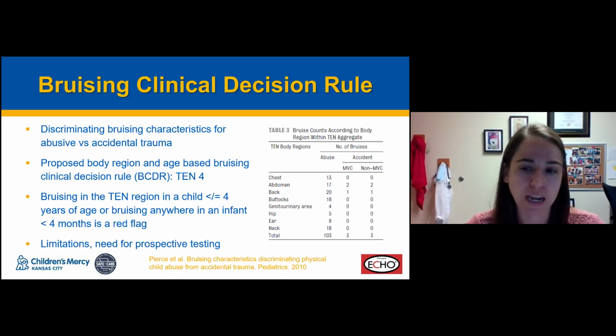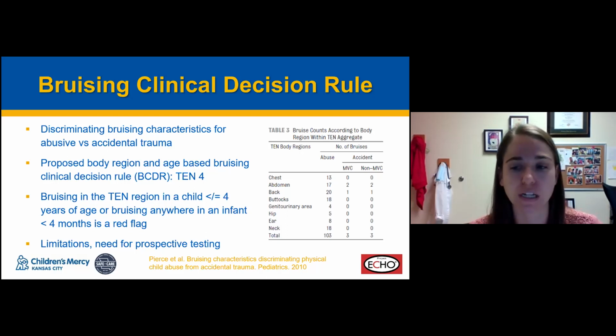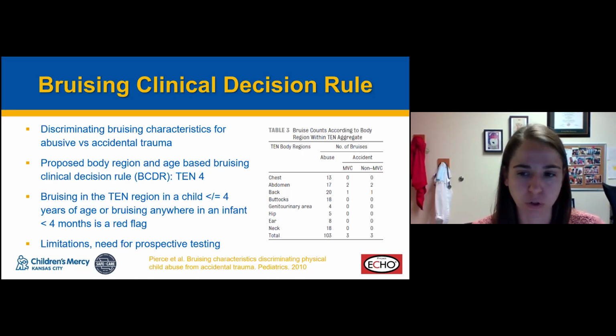They also found that age mattered. So they found that if they used an age cutoff of bruising anywhere in an infant who was under 4 months of age, they correctly captured an additional 7 patients who had abusive trauma that would have been missed if they had screened them only using the body region bruising, the 10 rule. So they created this rule that they named 10-4, and then they applied this clinical decision rule to their population and found that using this tool, it correctly classified 32 of their 33 abuse victims.